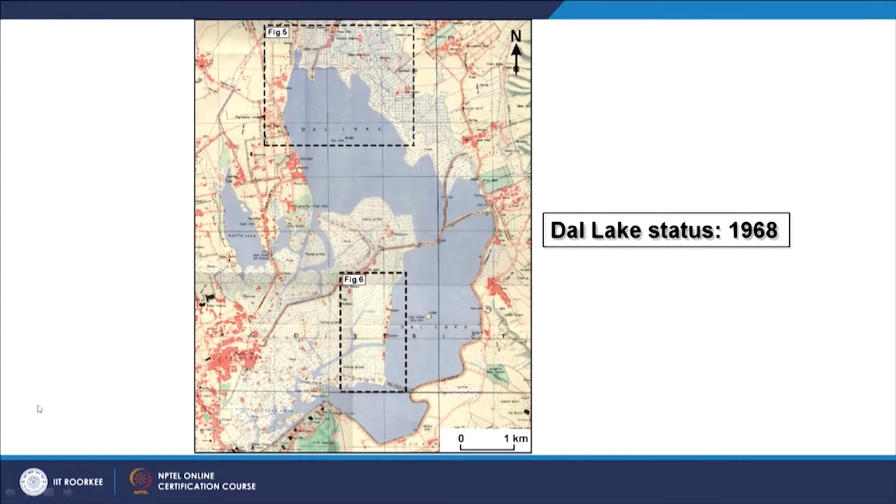Now, the challenge was that we wanted a very authentic record of the shape of that lake through some reliable maps, and luckily we got a 1968 map of Survey of India, which we considered, and still feel that their products are really very accurate and genuine.